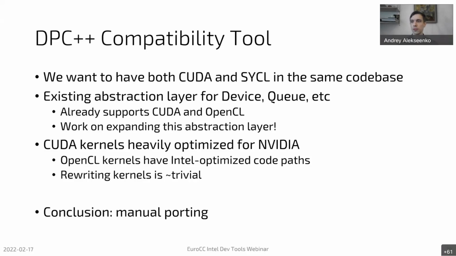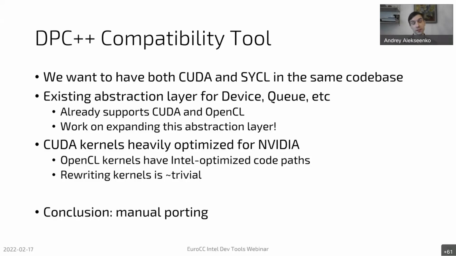So porting NVIDIA kernels and expecting them to run nicely on Intel, I mean, they would likely run, but they won't be performant. We already had optimized kernels in our OpenCL, so converting CUDA kernels was not, in many cases, reasonable.